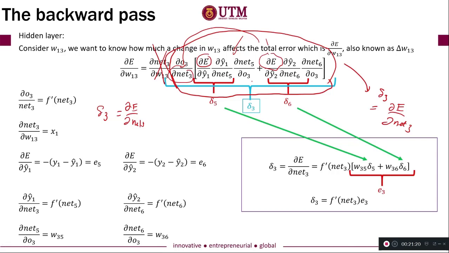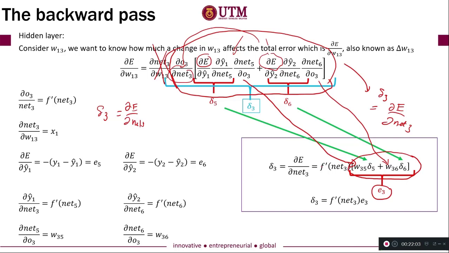So this one is actually this one, and this one is actually this one. In other words, if I replace this one and this one, it becomes W35 delta 5 plus W36 delta 6. Both components here, I define as the local error happening in node 3, which is E3.